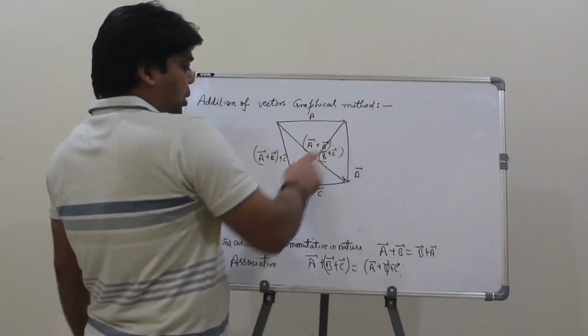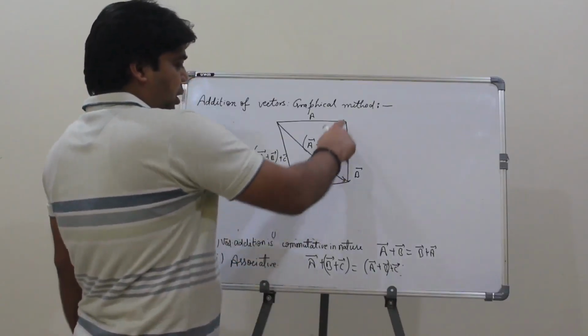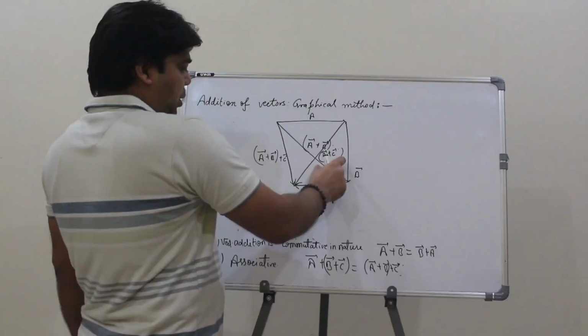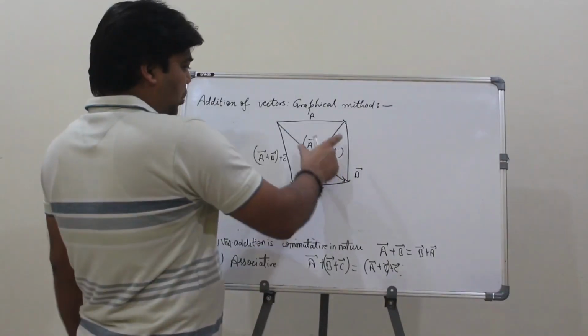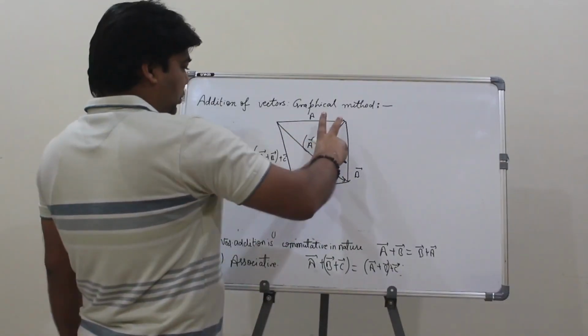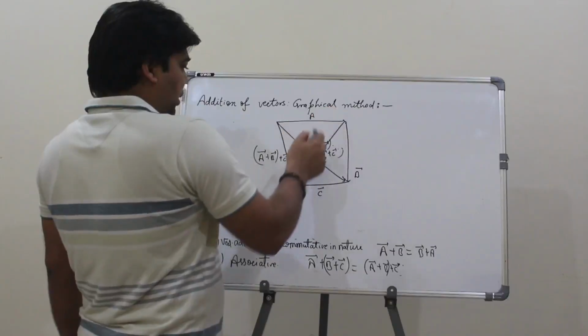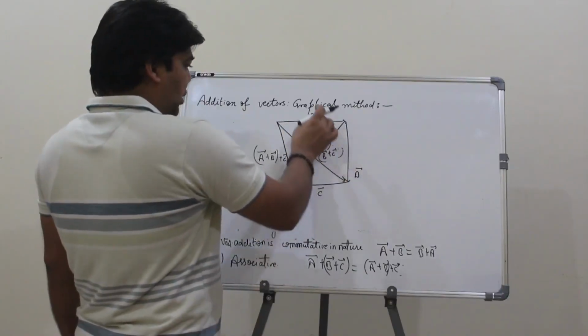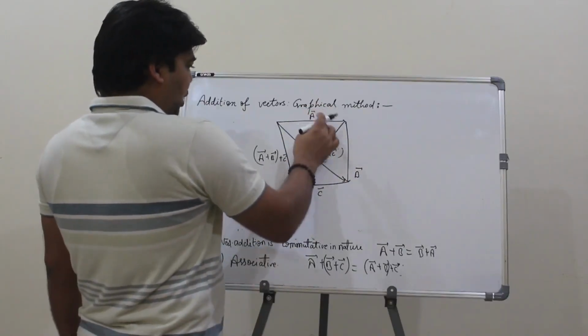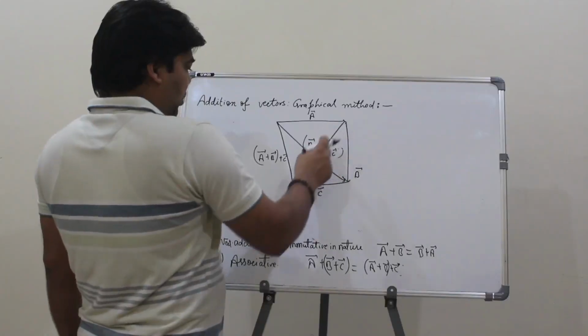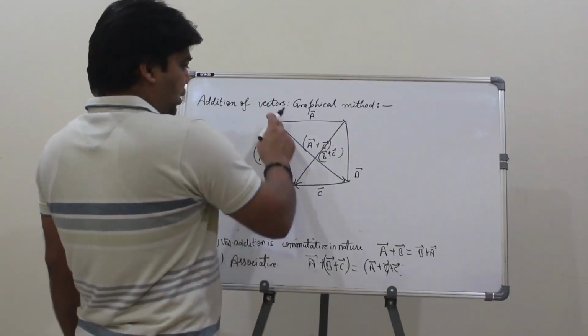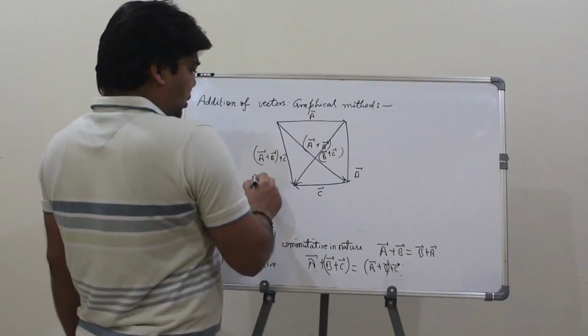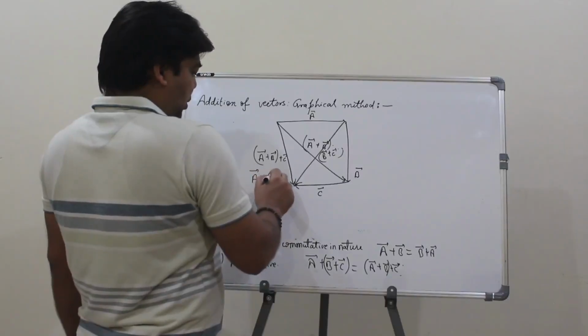Now, if you see from this end, what do we get? B plus C, plus A. So what does it represent? It represents A plus (B plus C).